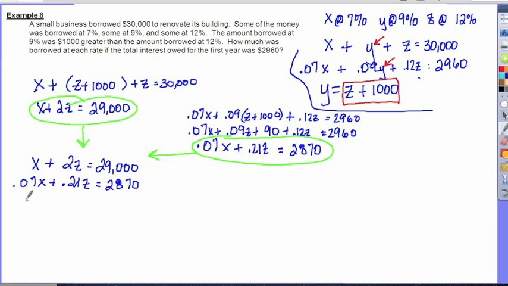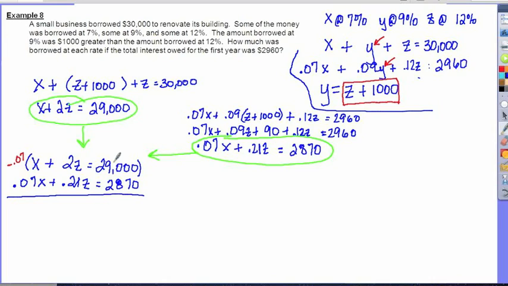And again, y'all have a lot of options here. You get to decide how you want to solve this. Just because I solve it a certain way does not mean this is how you have to solve it. I am deciding to do this by elimination method. I'm going to get rid of my x's, so I'm going to multiply this top equation by negative 0.07 so that these x's will cancel out.